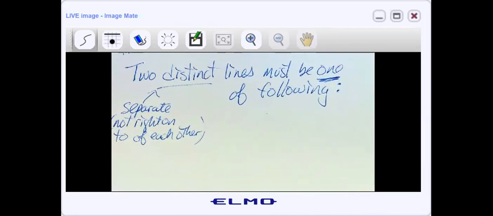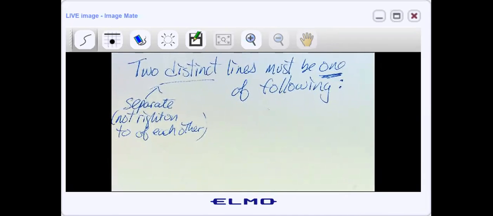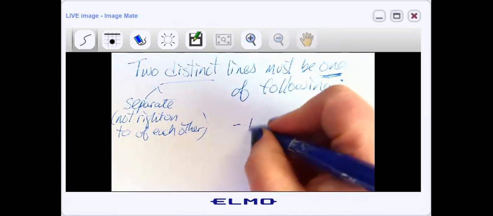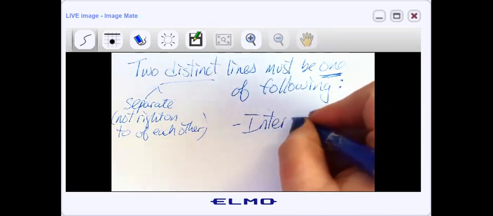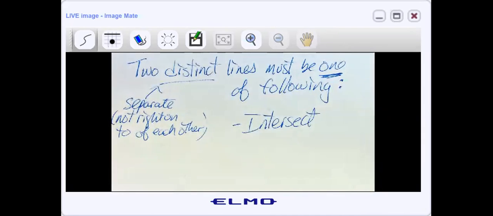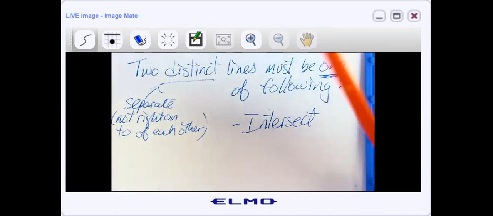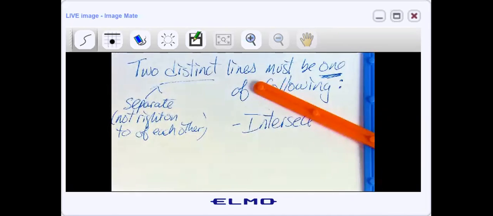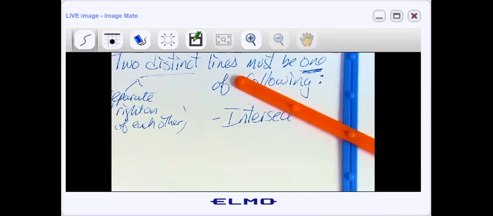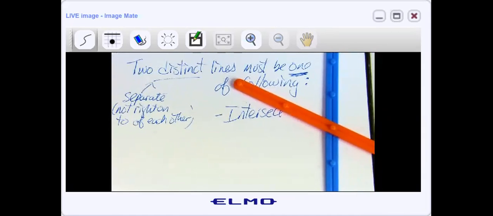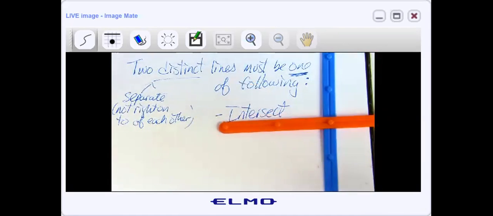Two separate lines could intersect each other. Intersect literally just means that they cross each other somewhere. Could they be perpendicular to each other? Sure, they could. Perpendicular is just a special type of intersecting lines that happen to form 90-degree angles.